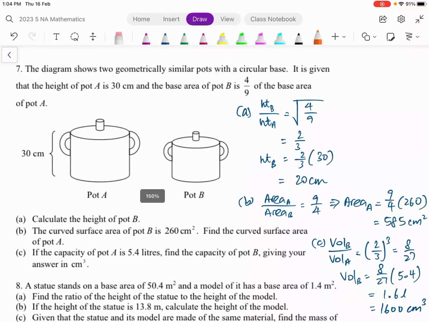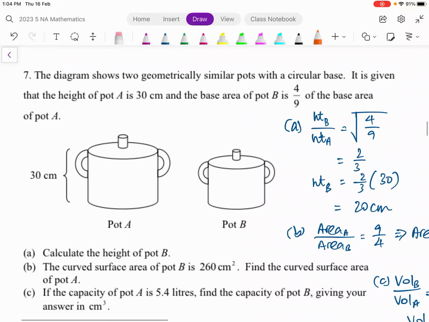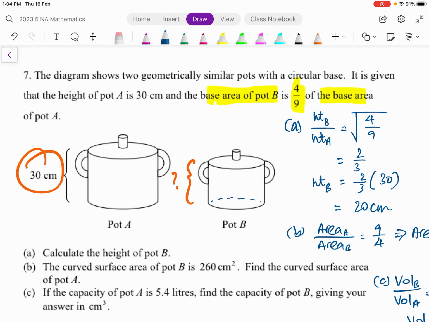Okay. So height of port B. Let's start with this part. Height of port B. Definitely it's got to do with the 30 cm. But information that we have is that the base area of B is 4/9 of the base area of A. So if I draw the base, the base area of port B is 4/9 of the base area of port A. So this one is given 4 units, this one is given 9 units.